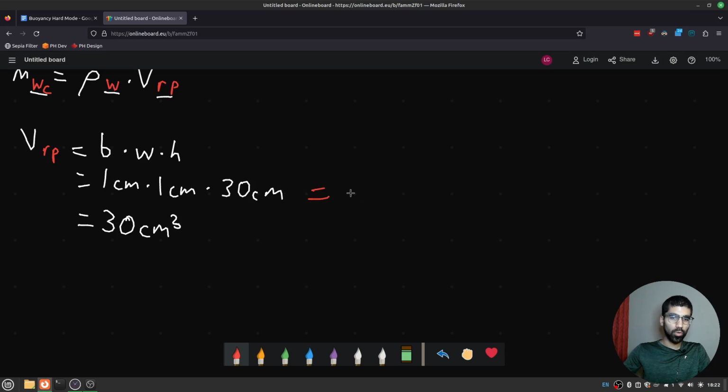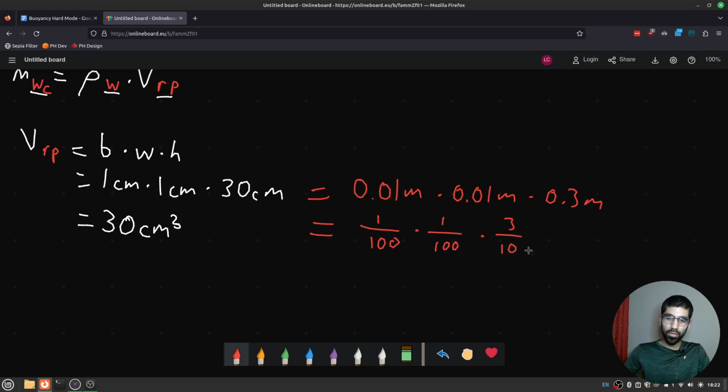So this is equal to, instead of 1 centimeter, it's 0.01 meters times 0.01 meters times 0.3 meters. What's that equal to? Well, let me write these as fractions so it's a little bit more clear. So 100th of a meter times 100th of a meter times 3/10 of a meter.